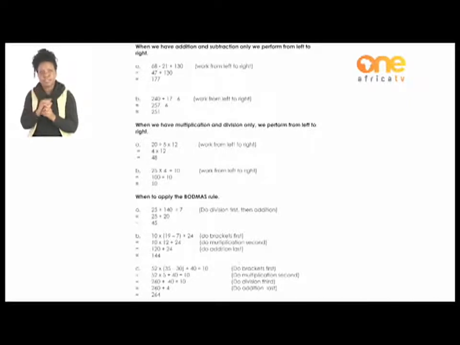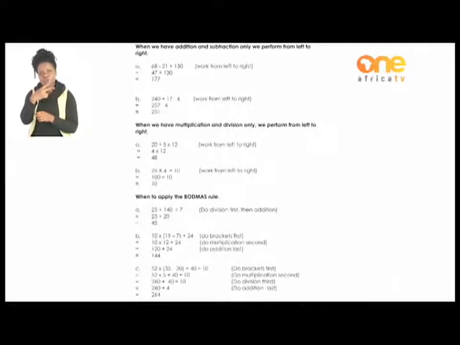68 minus 21 plus 130. Here we have two operation signs: a subtraction and an addition. Now we need to apply BODMAS. Remember, BODMAS works from left to right. Addition and subtraction are like brother and sister. The one that comes first, that one we do first.